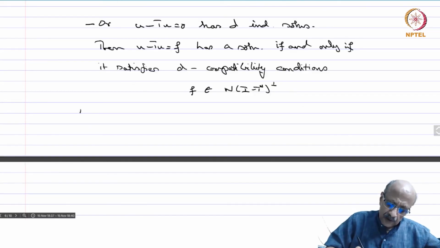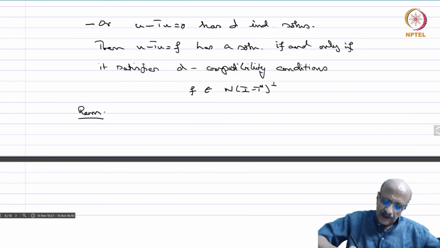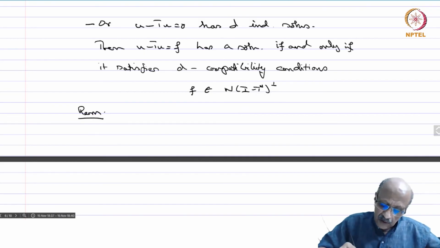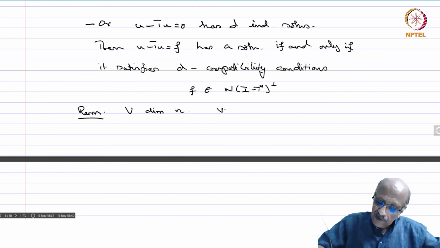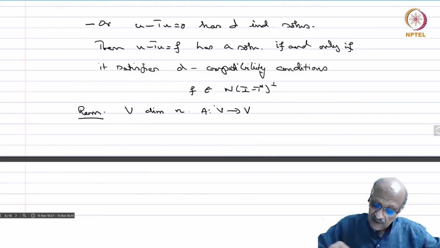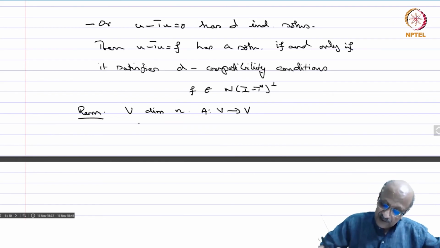Now another remark, in finite dimensions. For instance, if V has dimension n, and A is some matrix which generates an operator from V to V. Let us work with the real space, or it doesn't matter what we are working with.